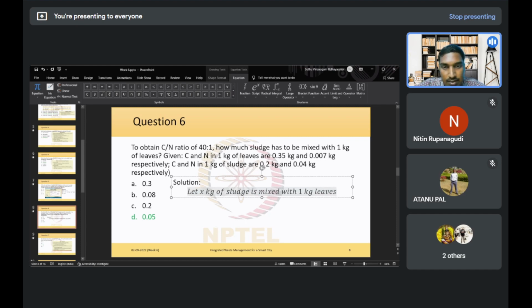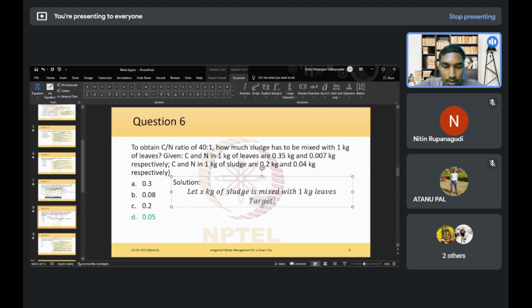Now, once we have mixed x kilograms of sludge, how do we determine the carbon to nitrogen ratio in that mixture? We need to know the total amount of carbon in the mixture and the total amount of nitrogen, and the ratio of those two quantities will give us the carbon to nitrogen ratio, which we know should be 40 to 1.